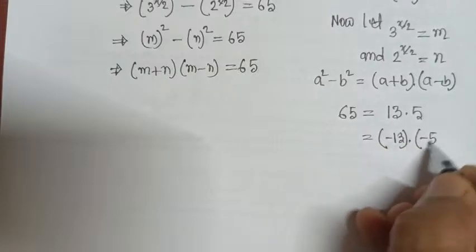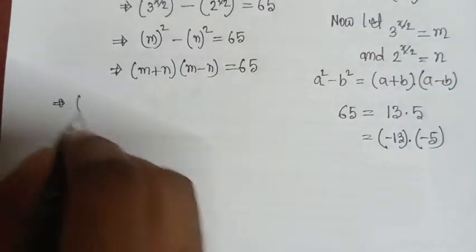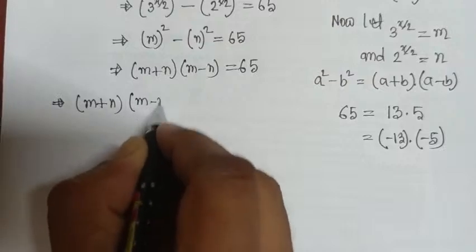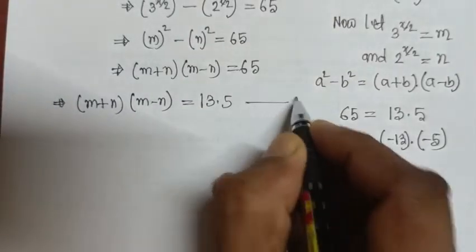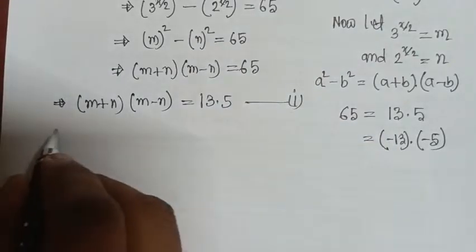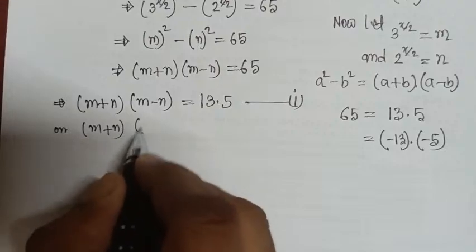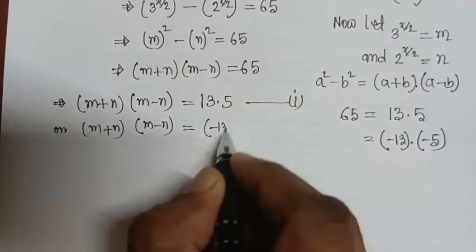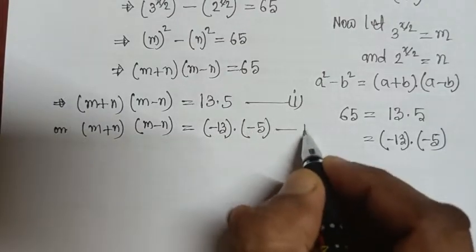So the 65 we can split like 13 into 5 or minus 13 into minus 5. So it becomes m plus n into m minus n is equal to 13 into 5, equation 1, or m plus n into m minus n equals minus 13 into minus 5, equation 2.